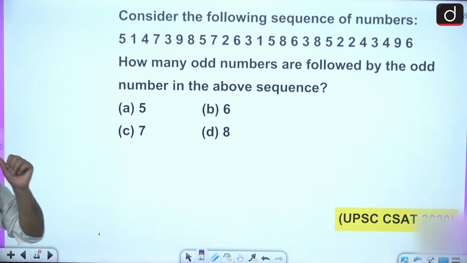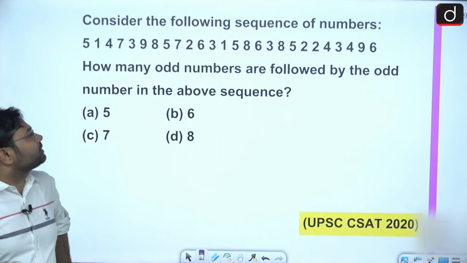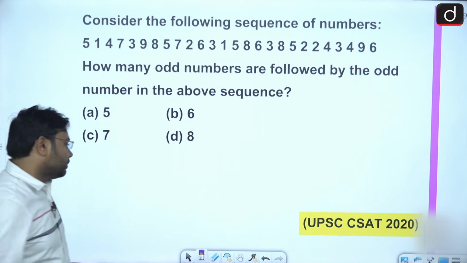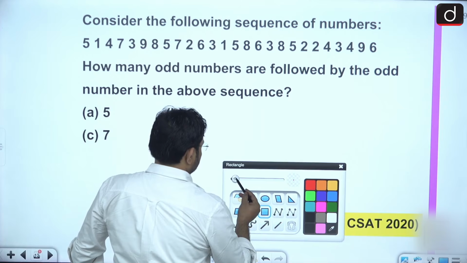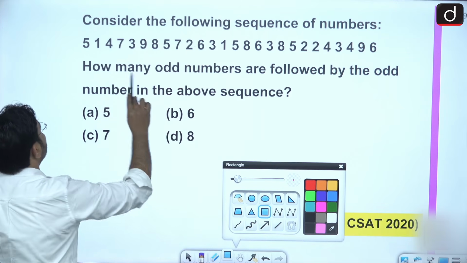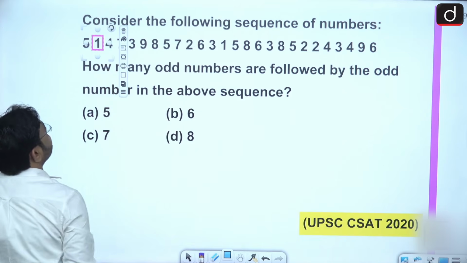This is from 2020. Consider the following sequence of numbers. How many odd numbers are followed by odd numbers in the above sequence? One is odd and followed by odd.